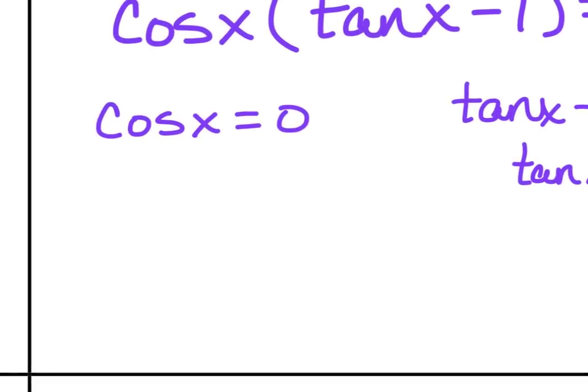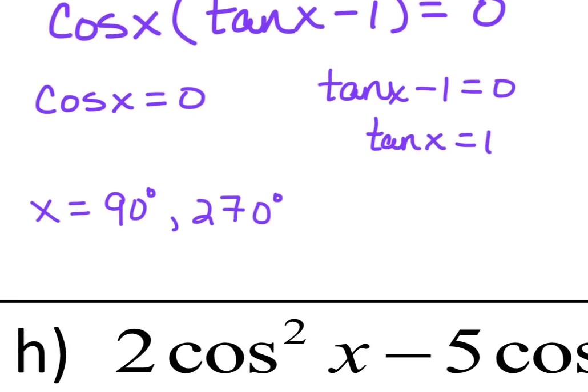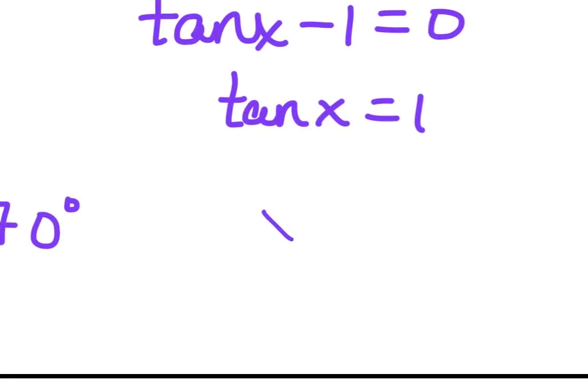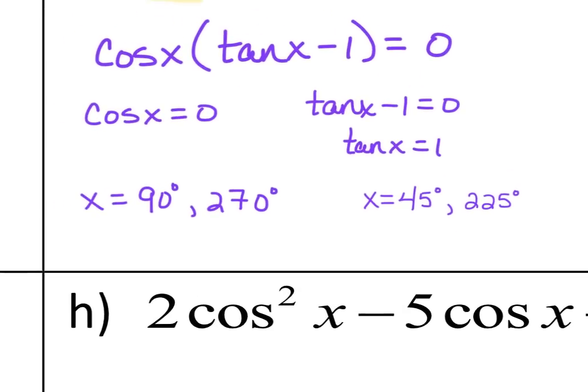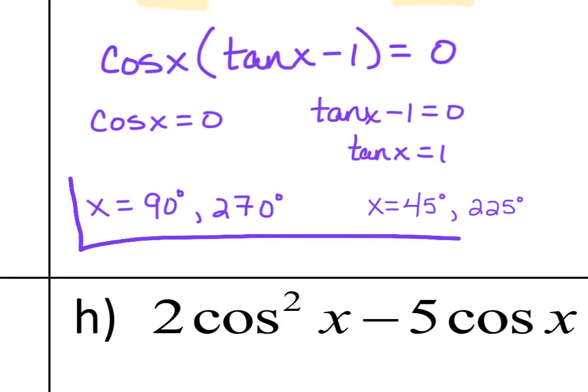For cosine of x equals 0, x is equal to 90 degrees and 270 degrees. And for tangent of x equals 1, here goes my clock again, equals 45 degrees and 225 degrees. And I'm just going to keep talking while my clock is striking the hour.